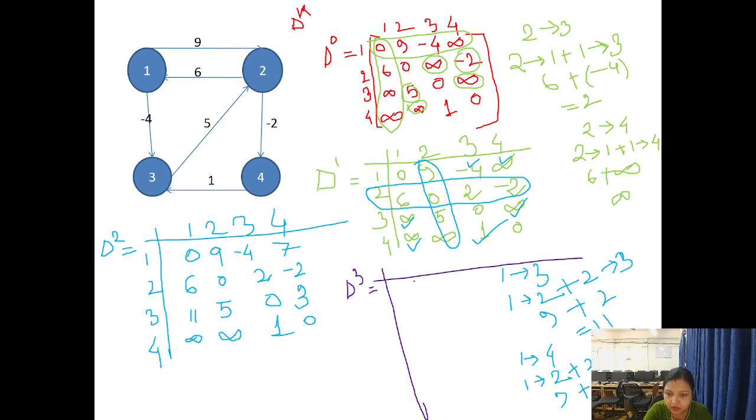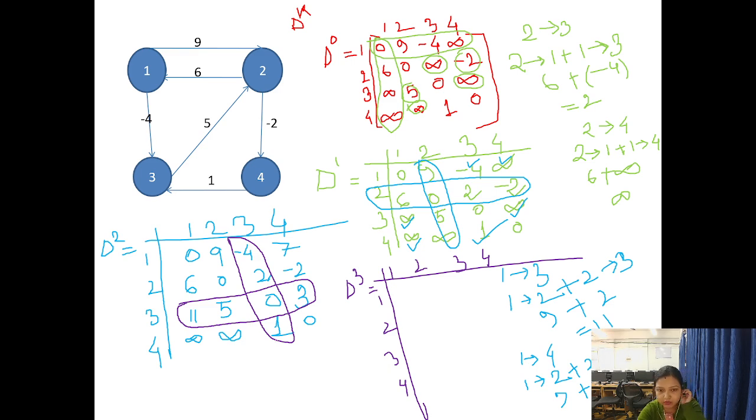So 1 2 3 4, 1 2 3 4, and this time we will keep this row 3 and column 3 intact, because we are going to use this node 3 as the via node. So that is why their distance will not get changed, it will be intact.